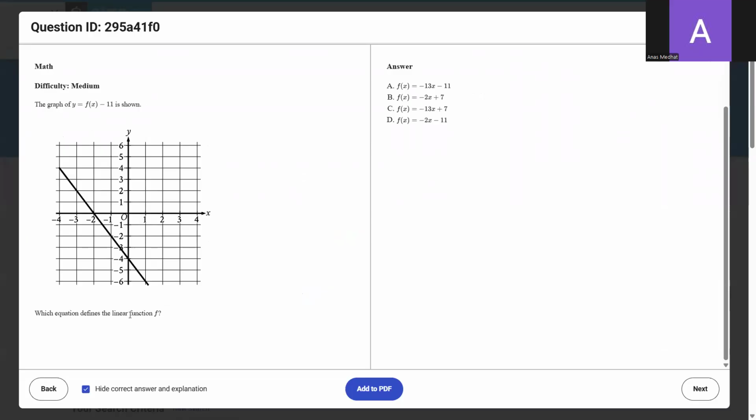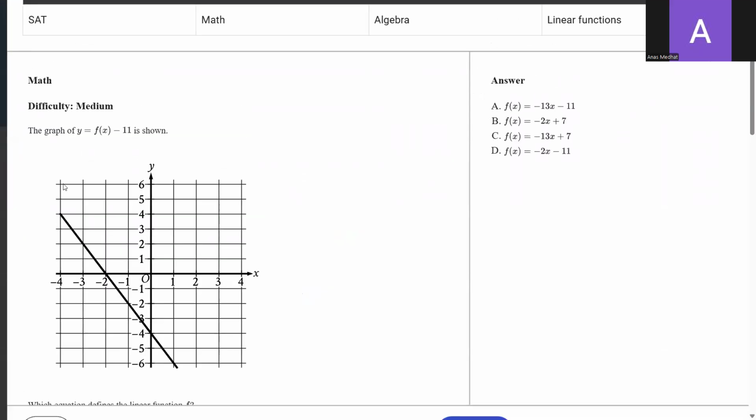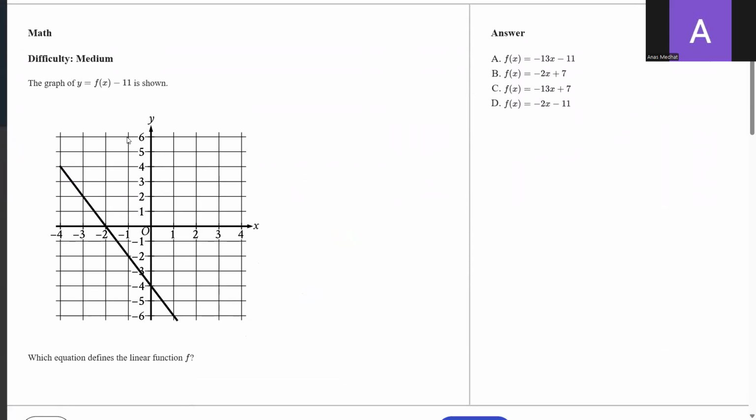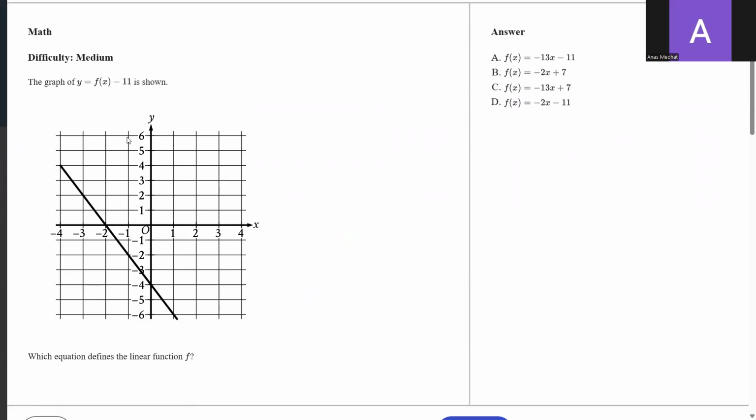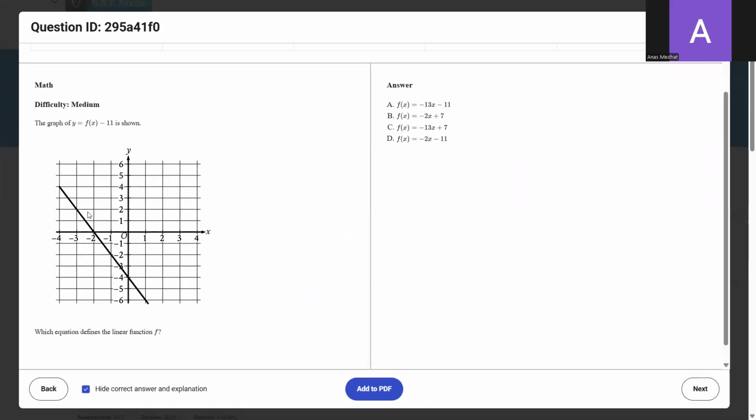Which equation defines the linear function? The graph of y equals f of x minus 7 is shown. Which equation defines the linear function? Let's test each one.